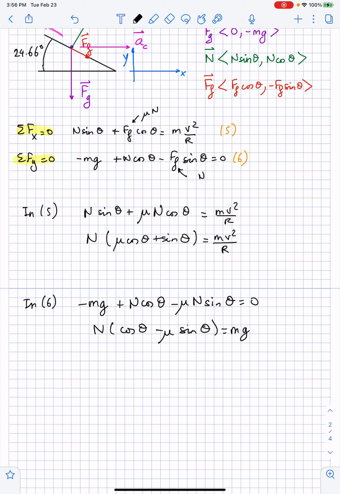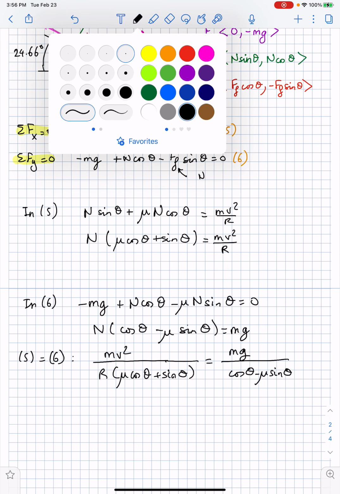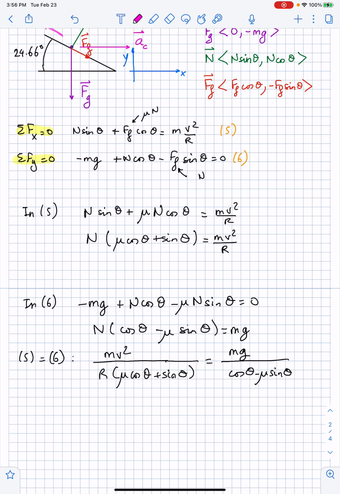I prefer this. So let's make equation 5 equal to equation 6. And so that's going to give us mv squared over r times mu cosine theta plus sine theta is equal to mg over cosine theta minus mu sine theta. Okay. Now, as I expected, the mass of the vehicle does not matter.